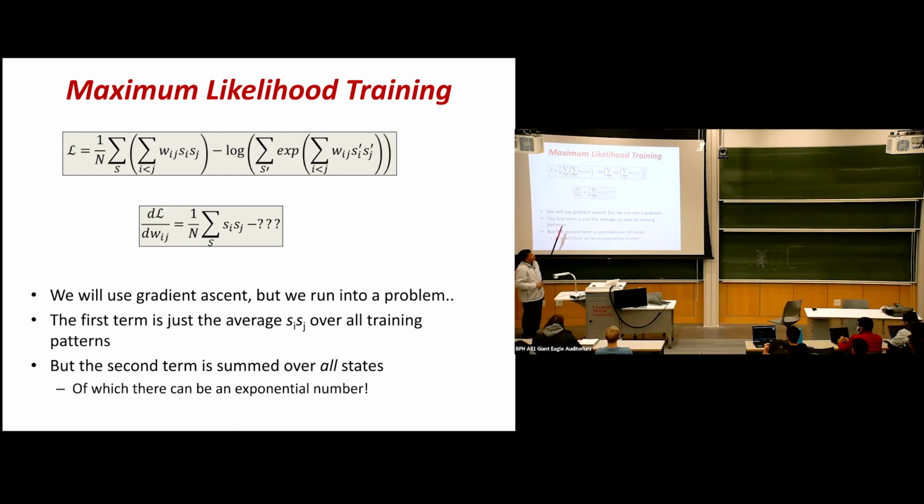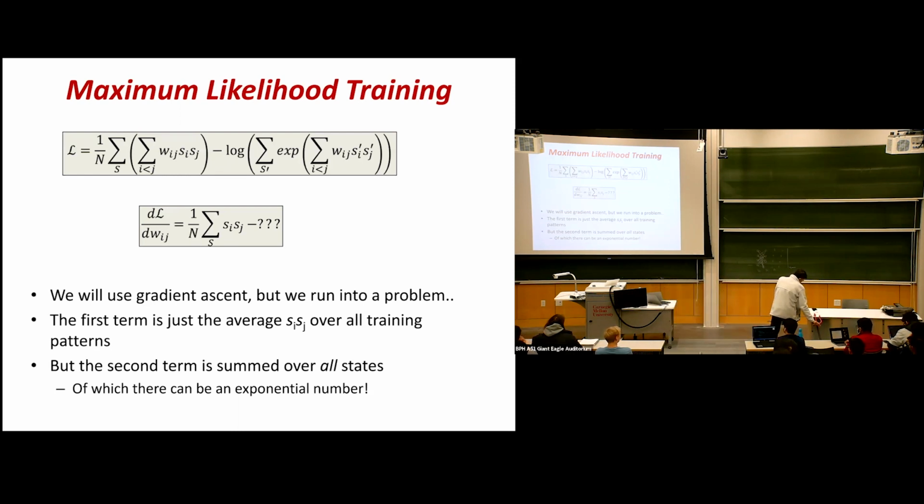And so this is simply going to be the sum or average over all patterns in my training data of the product of the bits on either side of the wij, because you have wij times SiSj, right? For each edge, you're multiplying the weight of the edge by the bits on either side.